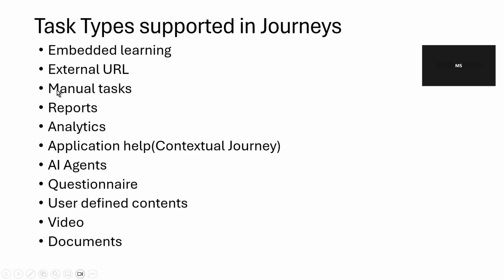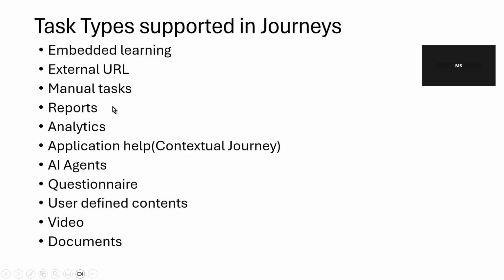Manual tasks are the usual ones, added as part of notes, like suggestions for onboarding tasks to say, before you start your journey, go through certain compliance training, something like that. So you add notes to help the user know what needs to be done.